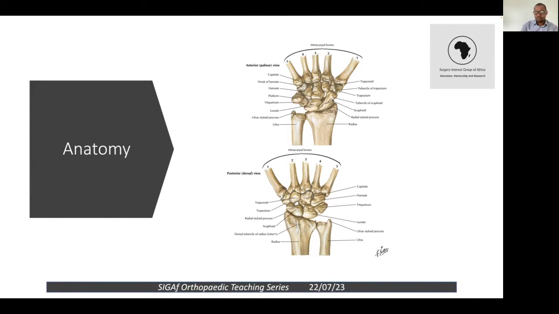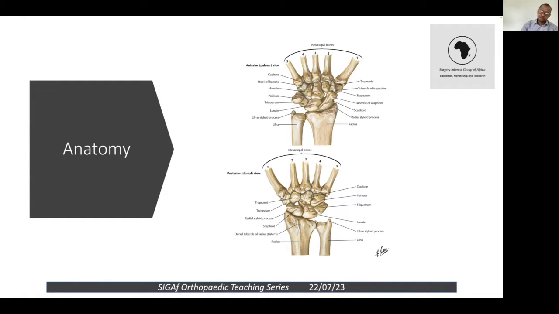On the anatomy, the part we're trying to describe, if you can see my cursor, is from the joint line to just about where the images show, which is the lower third of the radius.